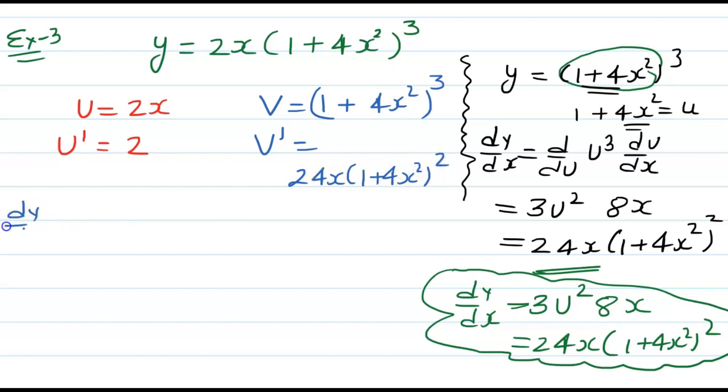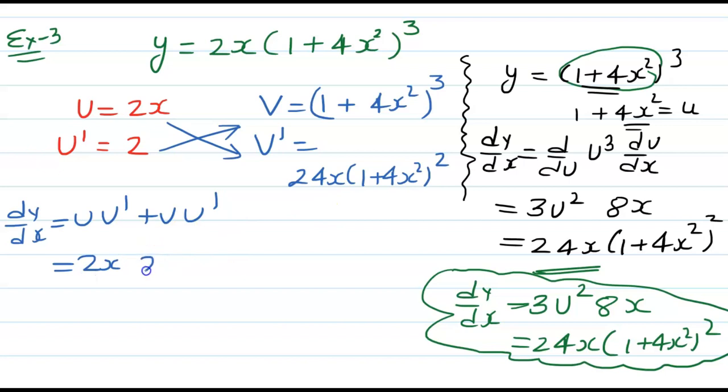Let's write down the answer, dy by dx, that is u v dash plus v u dash. Or if you want, you can just cross multiply this with this and this with this. So here it is 2x, v dash is 24x, 1 plus 4x squared to the power 2, plus here it is 2 and 1 plus 4x squared to the power 3. What can we take common?